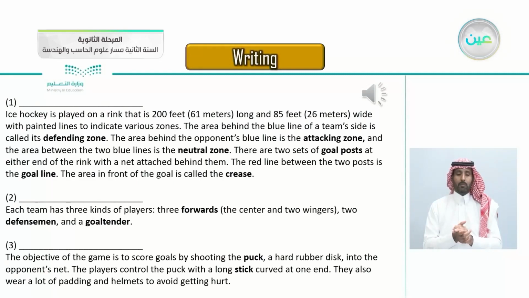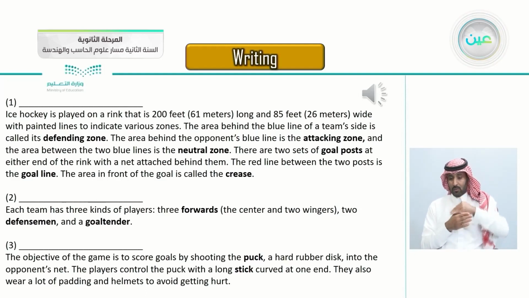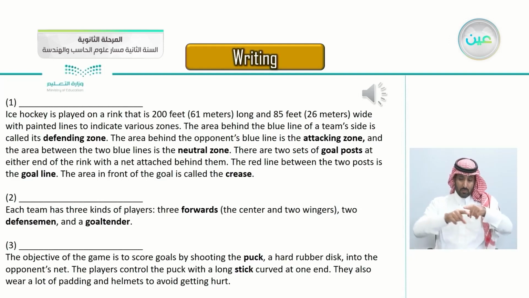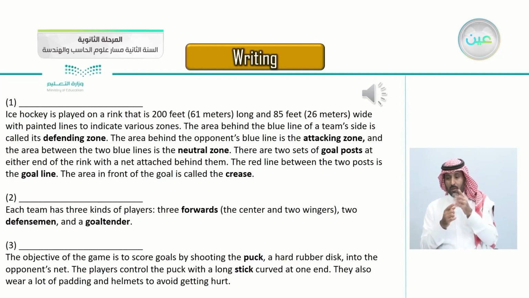Ice hockey is played on a rink that is 200 feet, 61 meters, long and 85 feet, 26 meters, wide with painted lines to indicate various zones. The area behind the blue line of a team's side is called its defending zone. The area behind the opponent's blue line is the attacking zone, and the area between the two blue lines is the neutral zone. There are 2 sets of goal posts at either end of the rink with a net attached behind them.